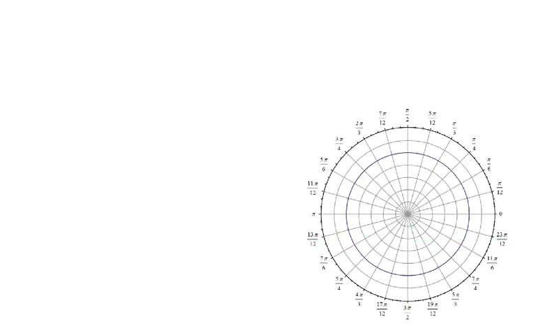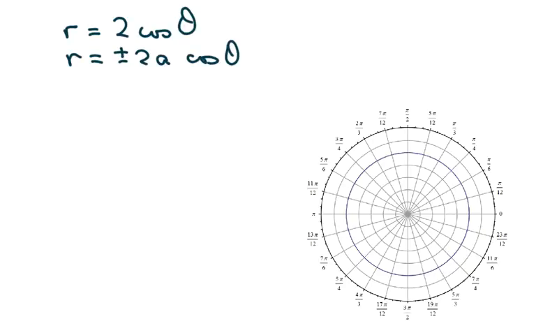Okay. The next one we have, we're going to get more into circles now that are a little more complicated. So the next one we have is r equals 2 cosine of theta. Now what I can do is, it has this form of r equals plus or minus 2a cosine of theta, where a is greater than 0.